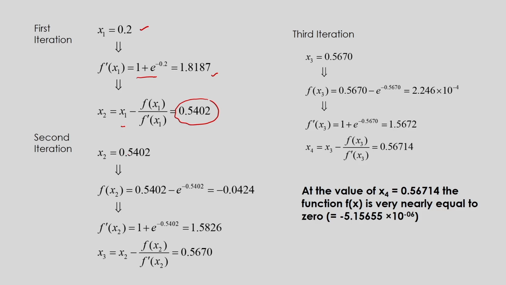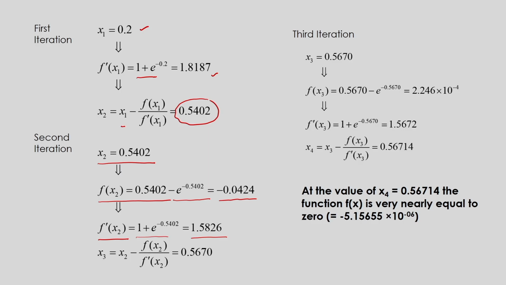So in the second iteration, the initial value is x2, which is equal to 0.5402, and then f of x2 will be equal to 0.5402 minus e to the power minus 0.5402, then it will come as minus 0.0424, and then the first derivative of that function at this x2 value will be 1 plus e to the power minus 0.5402, then it will come 1.5826.